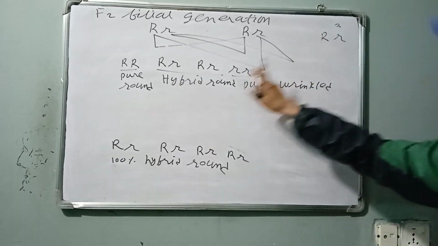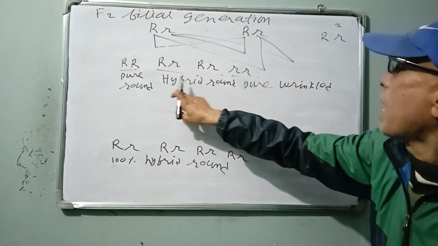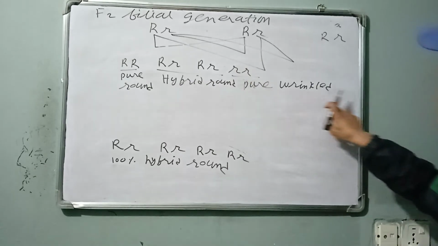Capital R round is pure round, capital small is hybrid round, and small is pure wrinkled.